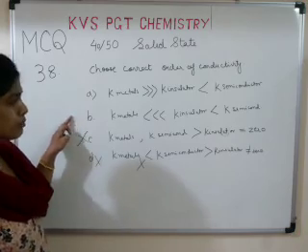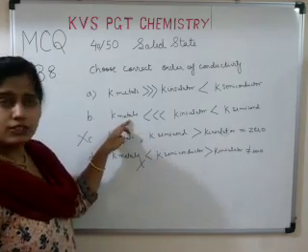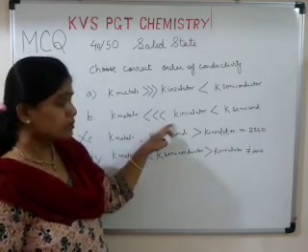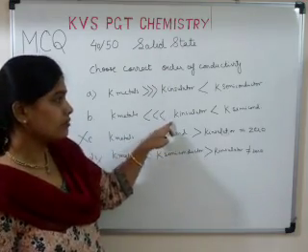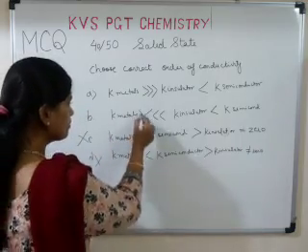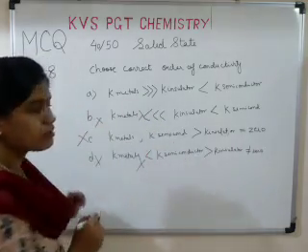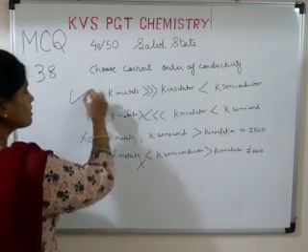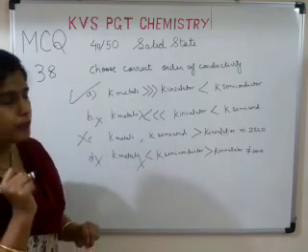Now see option number B. The conductivity of metal is much less than insulators. Is that true? Wrong. So this option is also wrong. Now the correct answer is option number A. So let's check.